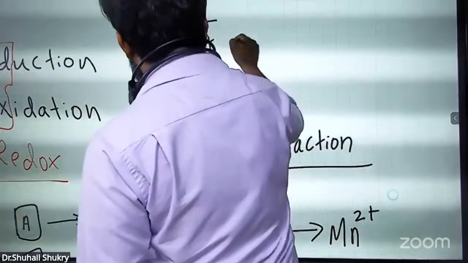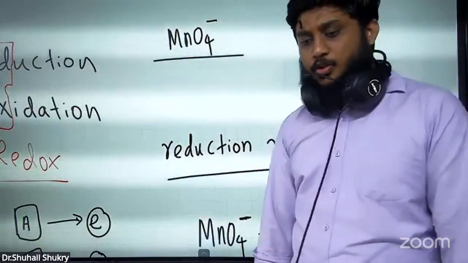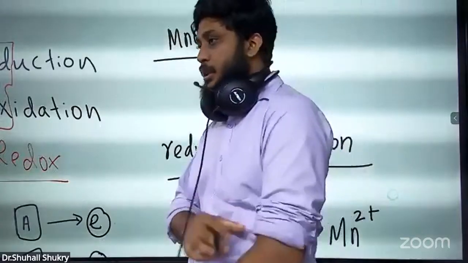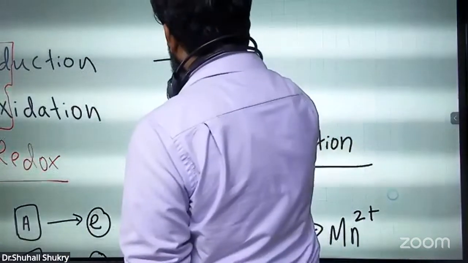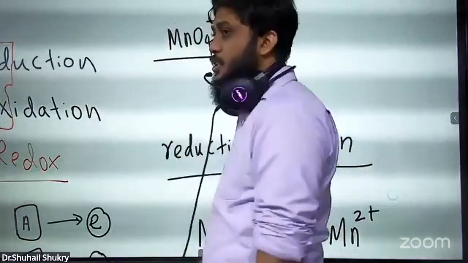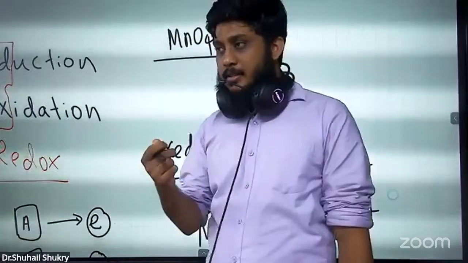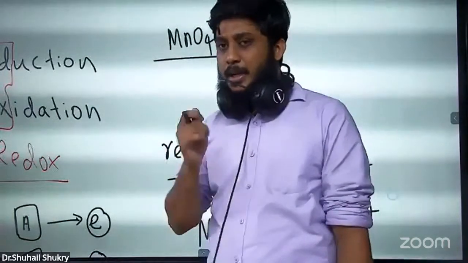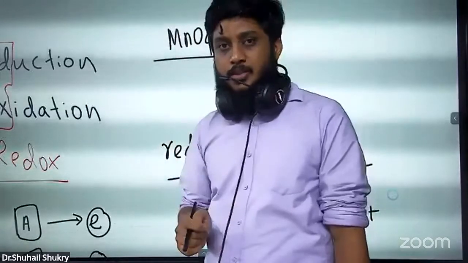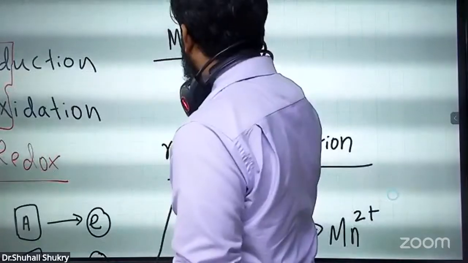If I want to check the oxidation number of manganese, remember oxygen's valency is 2. Therefore, we take oxygen's oxidation number as minus 2. One oxygen's oxidation number is how much? Minus 2. Then how many oxygens are there?